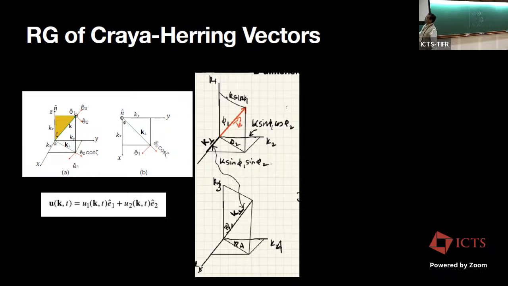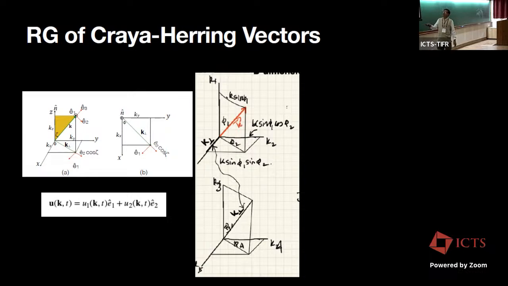Then k cross n, which is this yellow plane. So E1 is k cross n, which is perpendicular to this plane. So E1 is pointing towards you. Then E3 is the direction of k. So E3 is along k. There's no component along E3 because k dot u_k is 0.